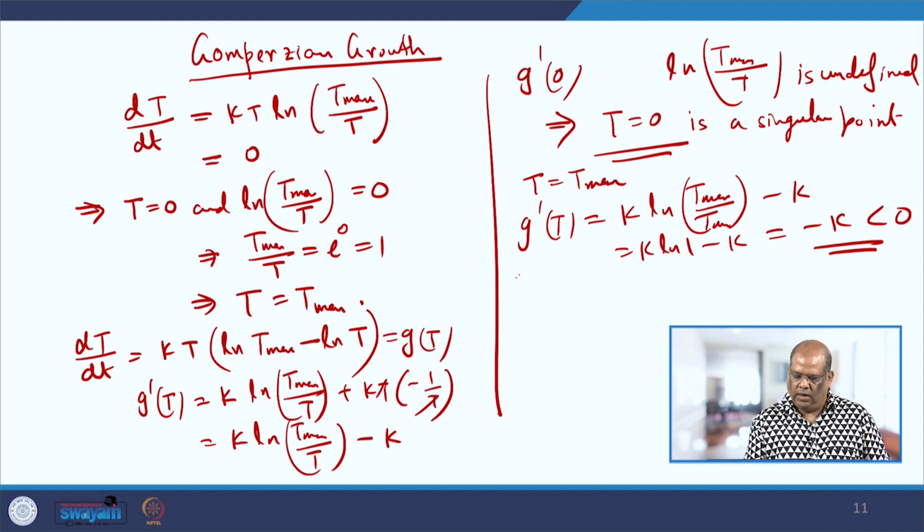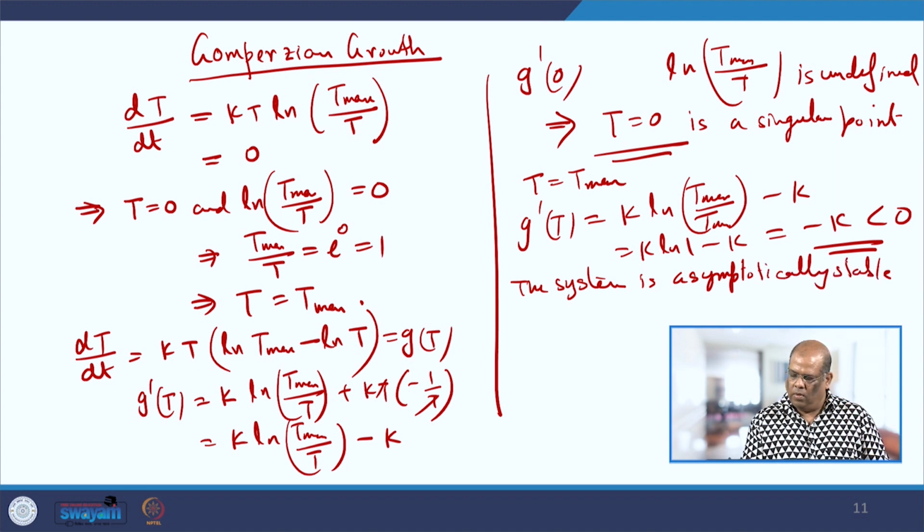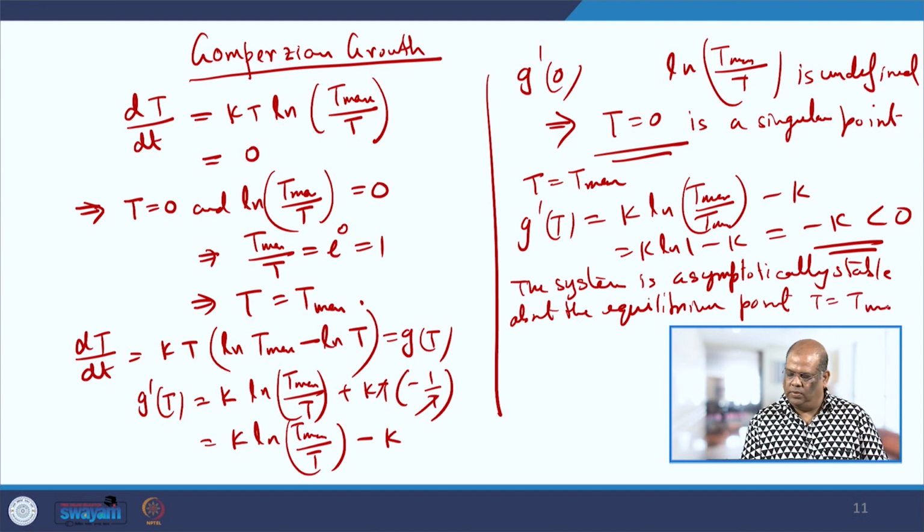And hence, here also the system is asymptotically stable about the equilibrium point T equal to T max.